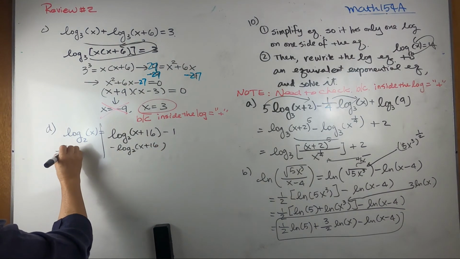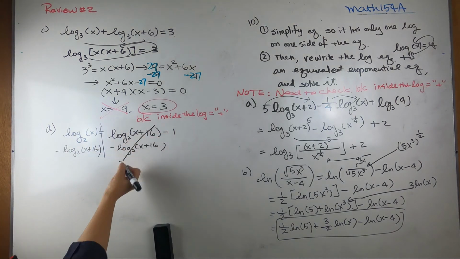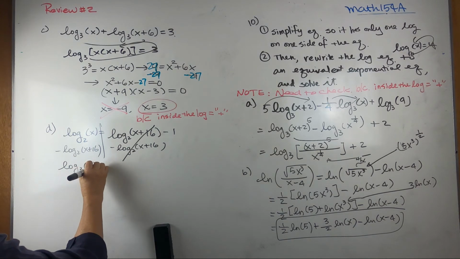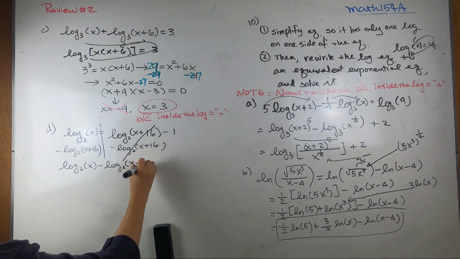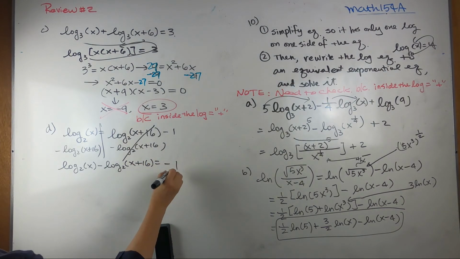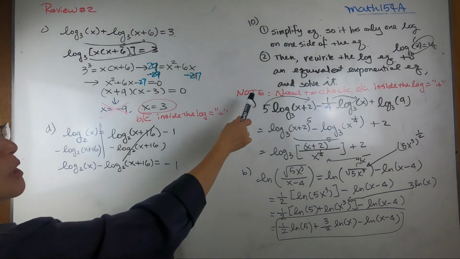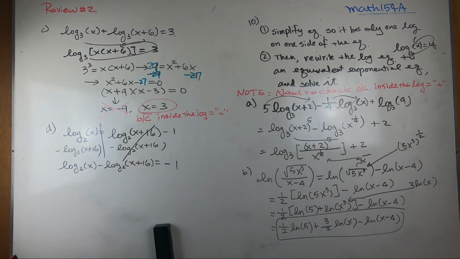Okay, minus log 2x plus 16. Then if you do that, one side has a log, the other side is a number, right? If one side is a log, the other side is a number, then you can rewrite the log to an equivalent exponential equation. Then you can resolve it, right?